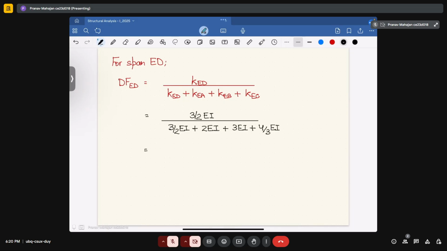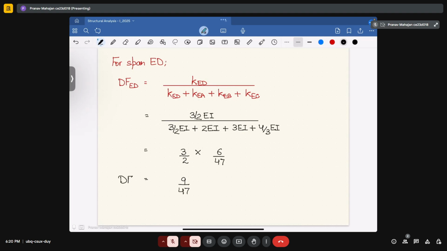That means it will be equal to 3 by 2 into 6 upon 47, and that will give you the value 9 by 47.